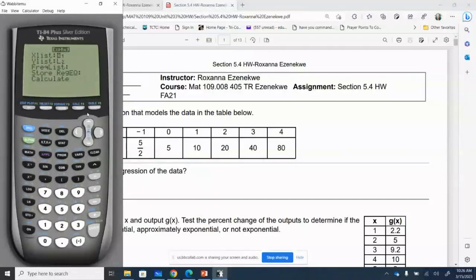Everything is still the way it was. Do you want to store your equation anywhere? Yes, in Y1. So vars, Y-vars, function, Y1. So it's going to store my equation in Y1. And I'm now going to calculate again. And in this calculation, I will have r squared.